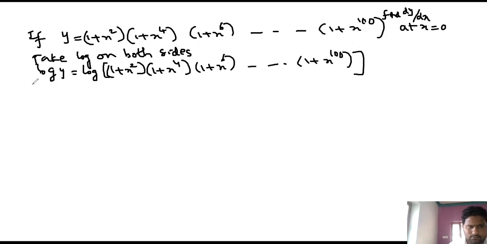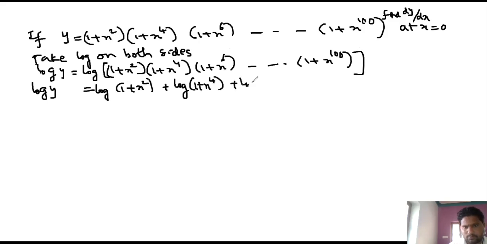That is log y is equal to, the product now turns to a sum: log of 1 plus x squared plus log of 1 plus x to the 4 plus log of 1 plus x to the 6 plus and so on up to log of 1 plus x to the 100.